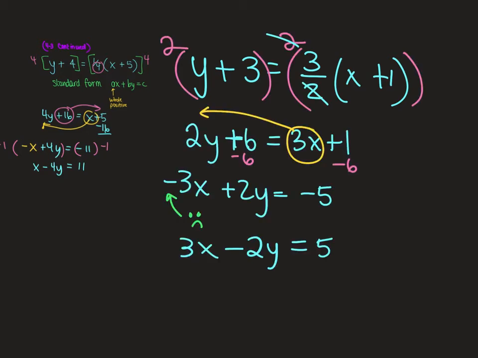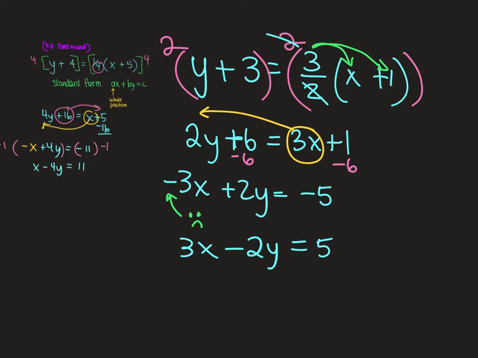Final answer is 3x minus 2y equals 5. So did you multiply both sides by 2? Distribute the 2 to the y plus 6. Multiply this side by 2, which really just means multiplying 2 by the fraction. The 2's went away, so I still had a 3. Since I still had a 3, I distribute 3. Oh, I didn't do it right. Okay, just kidding.